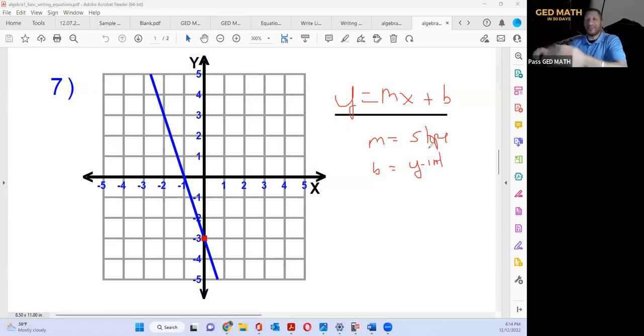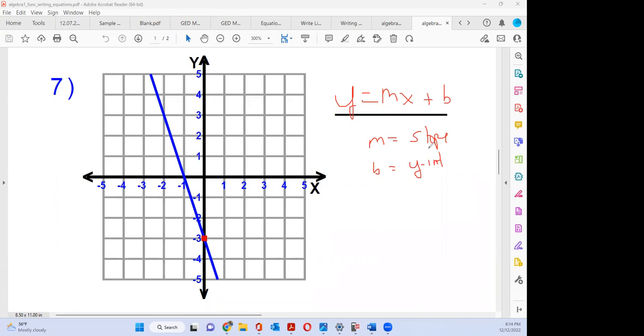I'm going to give you 2 minutes. Mr. Tinsley, what about the other points? There's only one. You have to find what point you're going to use. If you notice, they only give you 1 point. So you need to identify the second point to find your slope.